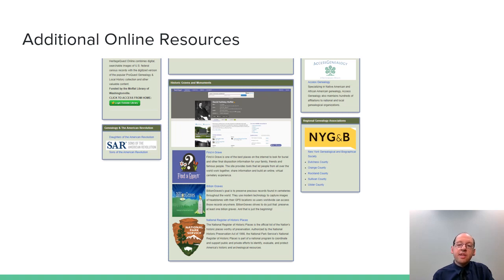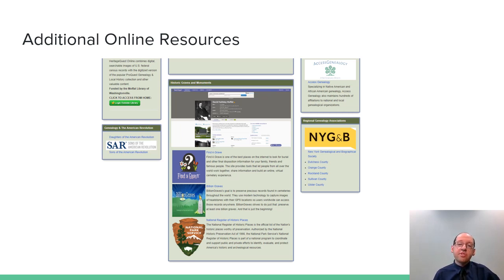The Washingtonville Cemetery has done a wonderful job of trying to photograph and corroborate information and connect people who are interred in the cemetery to each other. So that's just a local example. But that being said, you might be able to find additional information there that you might not be able to find in Ancestors of Orange County, that book that I showed you earlier.